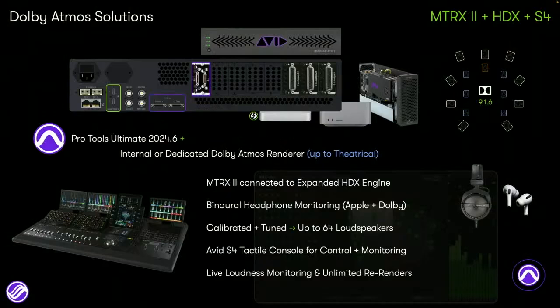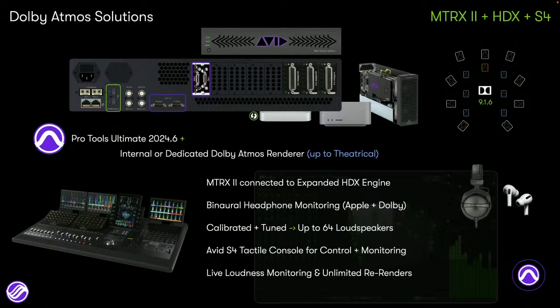Now, if we're looking at building an even larger system for mixing Dolby Atmos, we could take a look at incorporating a Matrix 2 with multiple HDX cards and a larger control surface such as the Avid S4 or Avid S6. Now, using a Matrix with HDX cards allows you to use Pro Tools Ultimate.